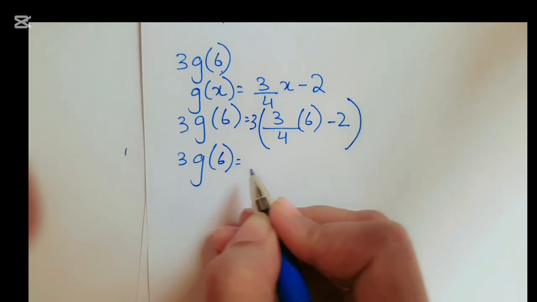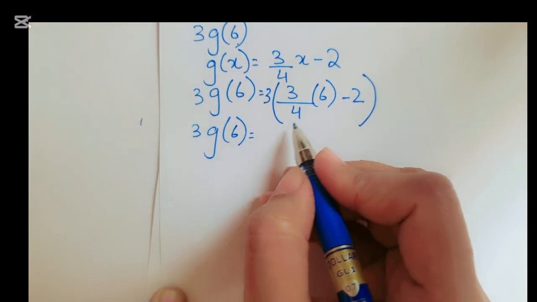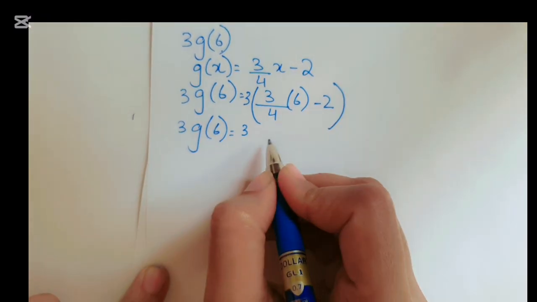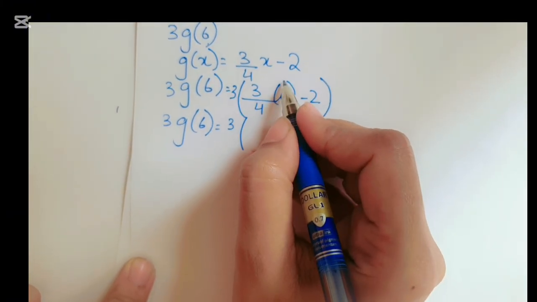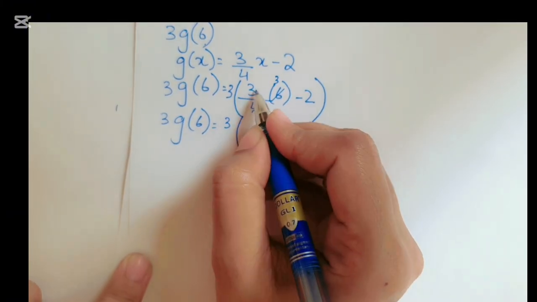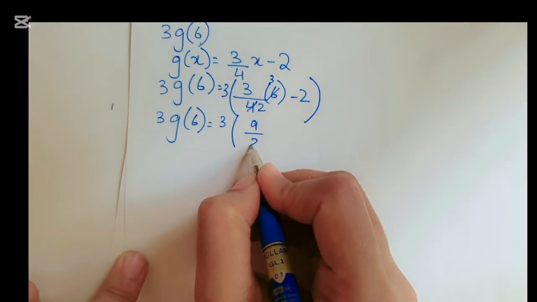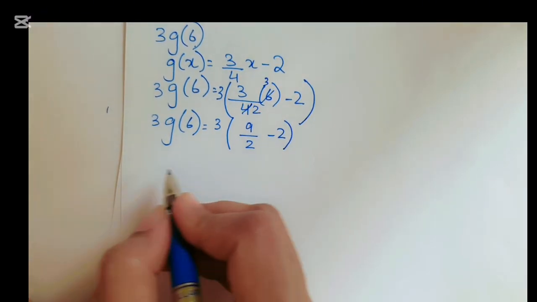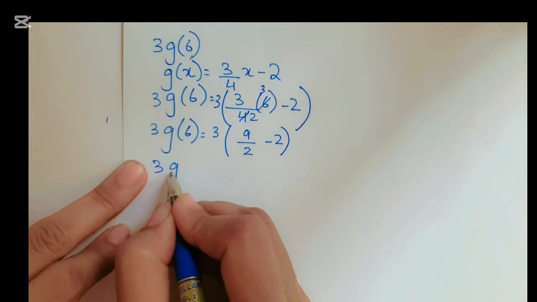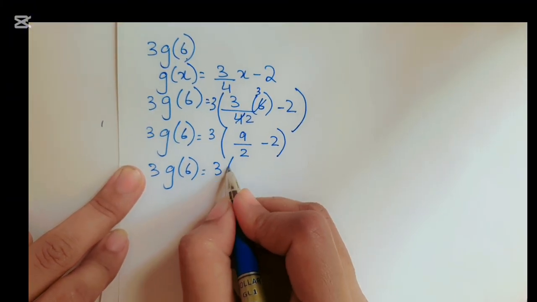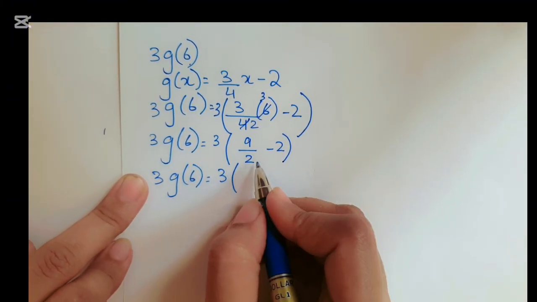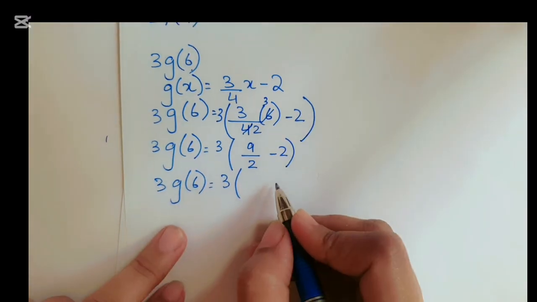3g(6) is equal to, now see how we can do it. I am writing 3 over here as it is, and if we cancel out, you can get 3 and 2. 3 times 3 is 9 upon 2 minus 2. I am not multiplying it or cancelling it, I am just writing it as it is.